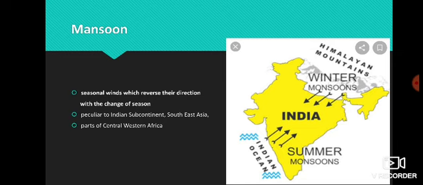The whole world has a pattern of wind, but monsoon is peculiar to the Indian subcontinent, Southeast Asia and some parts of Central Western Africa. So this is a very old kind of phenomenon found only in some parts of the world, that is the Indian subcontinent, Southeast Asia and parts of Central Western Africa.